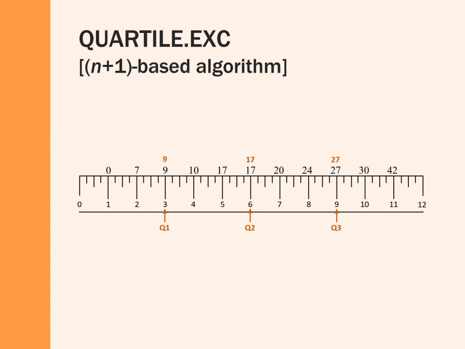Now when we use the exact same data with the Quartile.EXC function, what we'll see returned is again a median of 17, or the second quartile, which is the same regardless of the function that we use, but the first and third quartile values are now different. The first quartile value is 9, and the third quartile value is now 27.